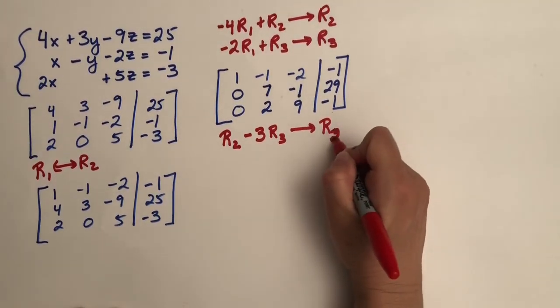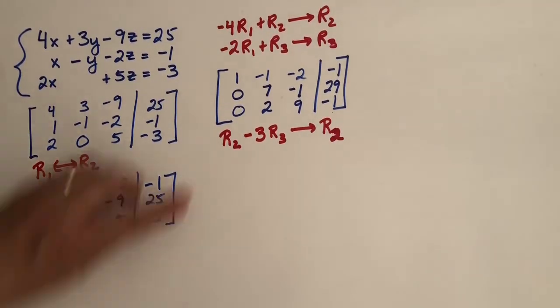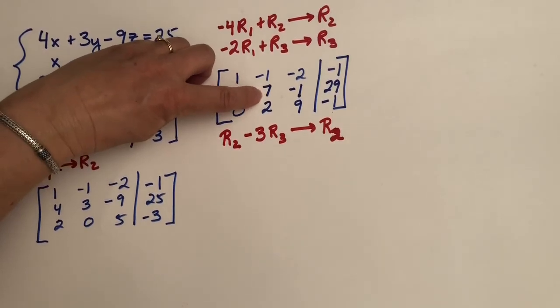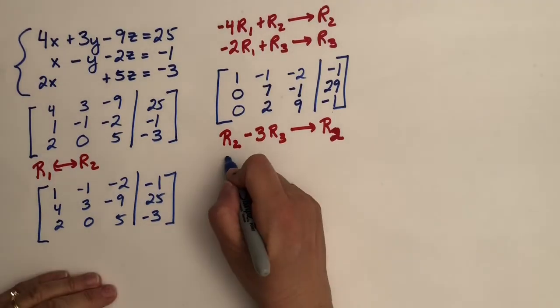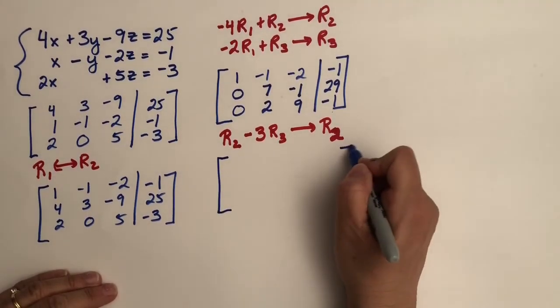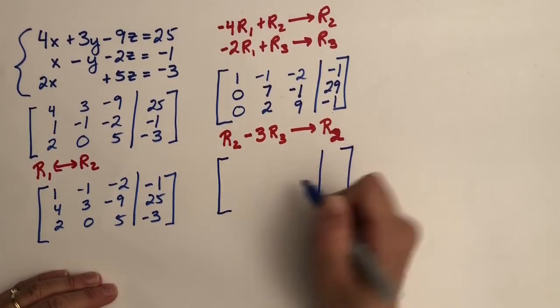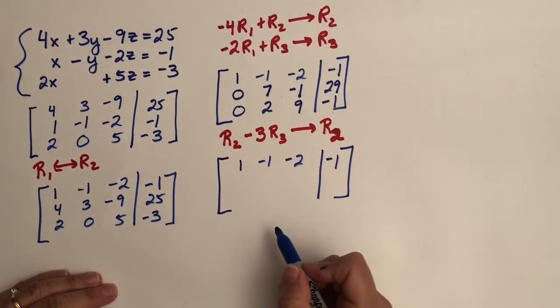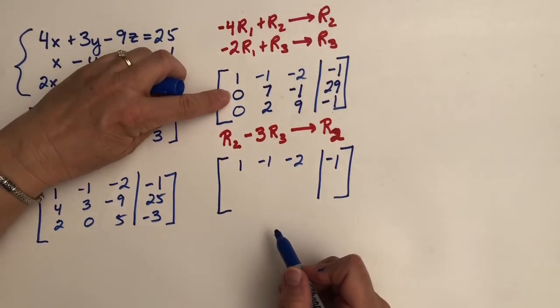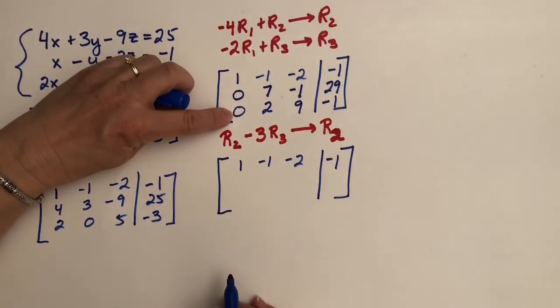It's actually going to go in row 2 because our goal is to put a 1 right here. So let's do it. Row 1 is unchanged. And here we go. This row minus 3 times this row.